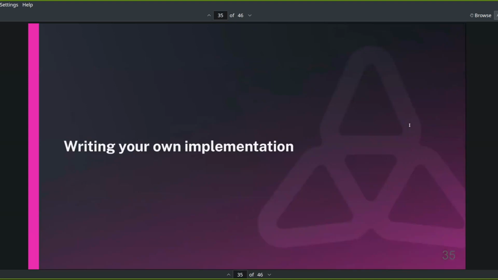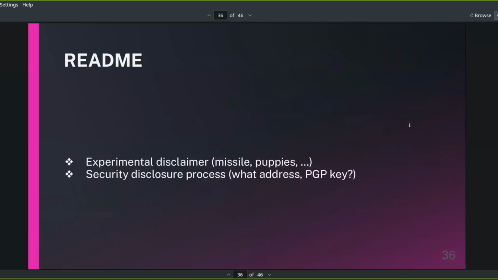Now, on to writing your own implementation. Well, README, I mentioned this before, do the disclaimer about missiles and puppies. Once your repo becomes a bit more mature, create a security disclosure process. What kind of mail address do you provide, a PGP key so that it's encrypted and only you or only a security team can decrypt the message?